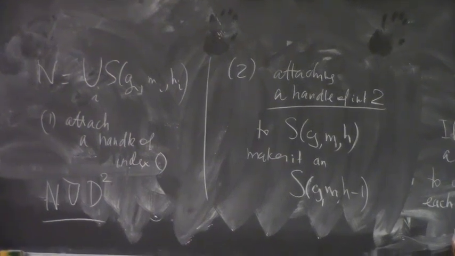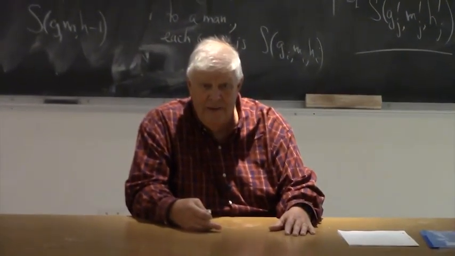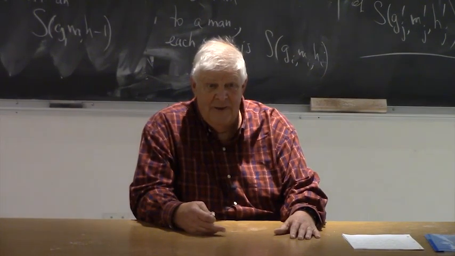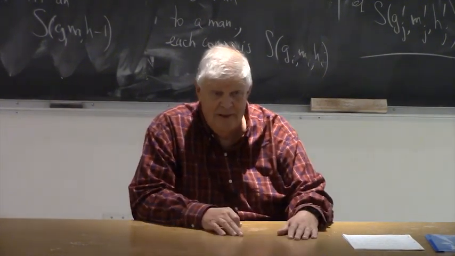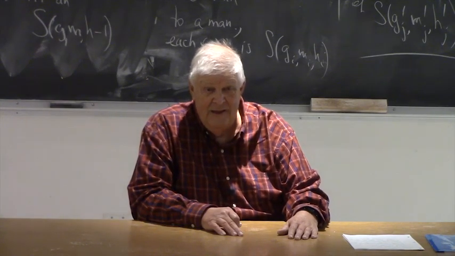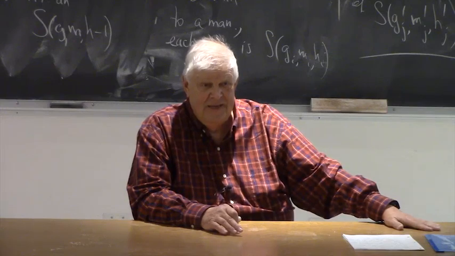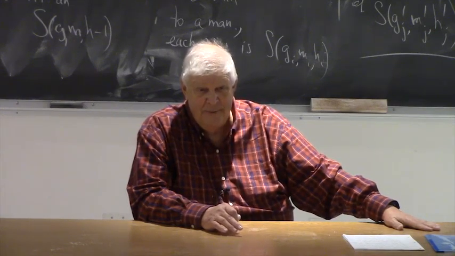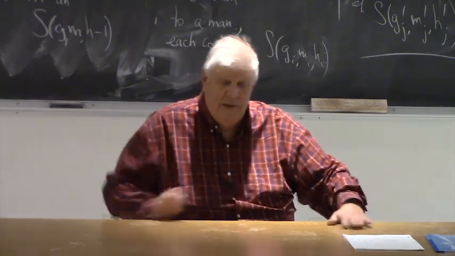These 2 cases are very direct and obvious. And then the handle of index 1 is the remaining case. This is the case where we need to do some work. It falls into subcases. In some subcases we need some work, and in some subcases we don't need really any work.